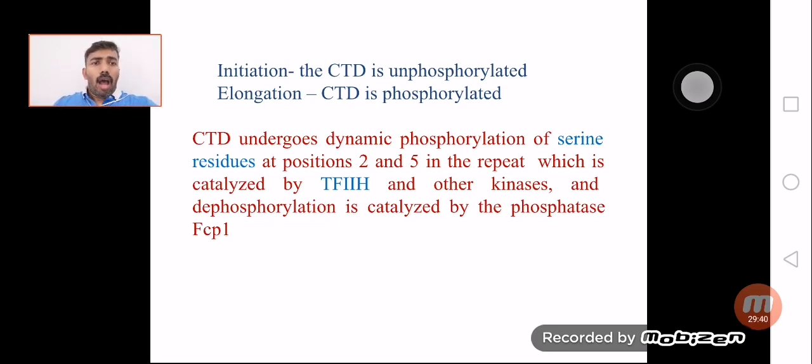So out of the heptapeptide, the 7 amino acids, the serine residues are phosphorylated, usually at positions 2 and 5, and then occasionally at 7 also.